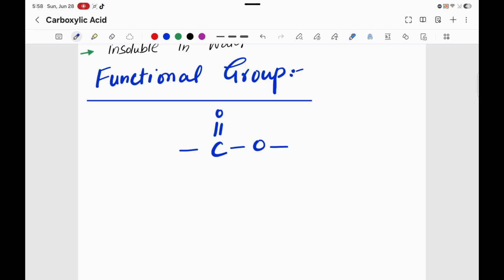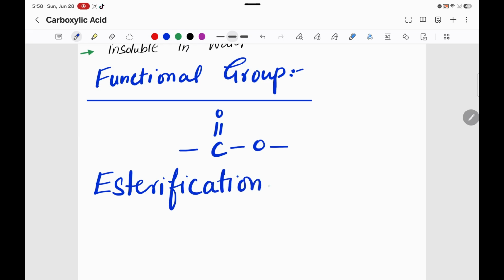So let's understand what is esterification. Let me change the color of this functional group so that you may read it easily.